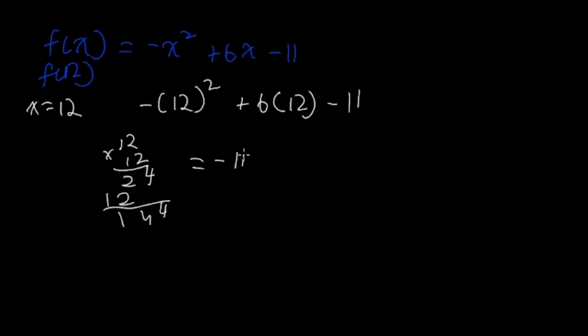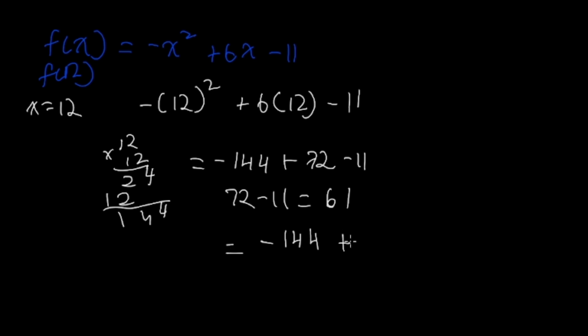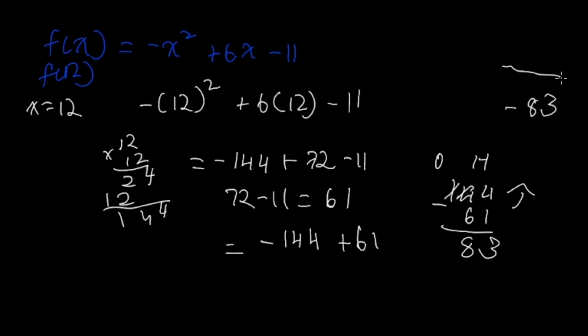It's equivalent to negative 144 plus 6 times 12, giving you 72 minus 11. 72 minus 11 is equivalent to 61, and so negative 144 plus 61 is the same as 144 minus 61 with a negative sign, which gives 83. Note that it was a negative, and so the answer is negative 83. That's how you go about it.